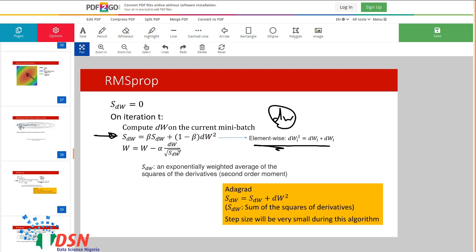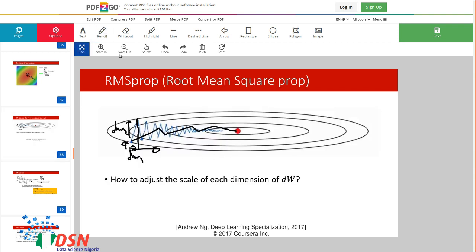Okay, so we are doing the moving average for S of dW by getting the exponential average, and by considering the element-wise squared. The reason for getting a squared is that we don't want negative and positive to affect the scaling, because it is not actually important.